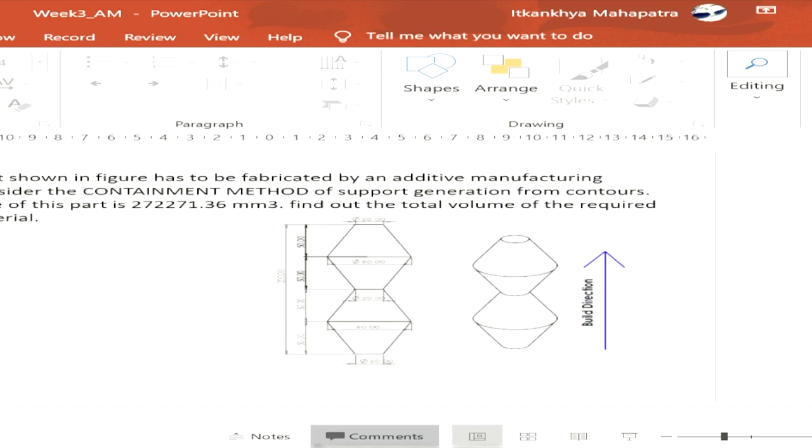Now here we have been shown an object in which we have to find out the containment method of support generation from contours. That means that we have to find the support plus object first. Then from that we can find out the supports.